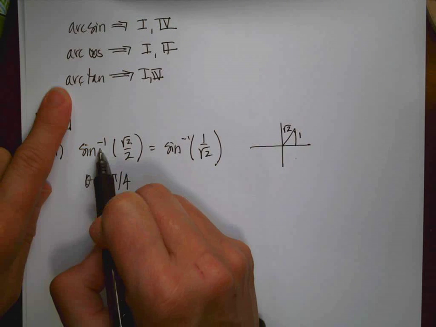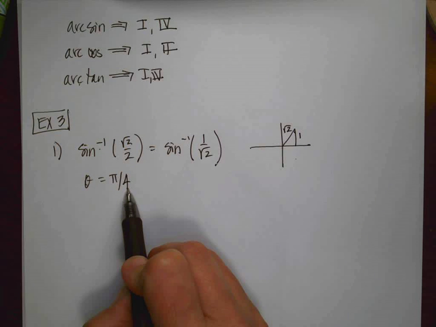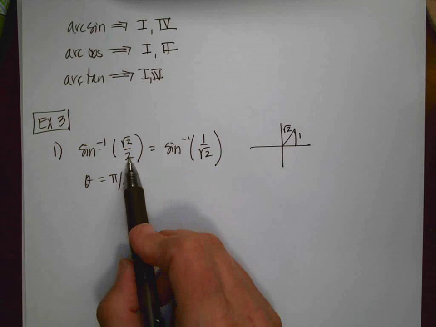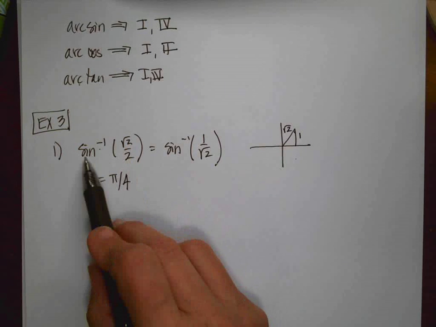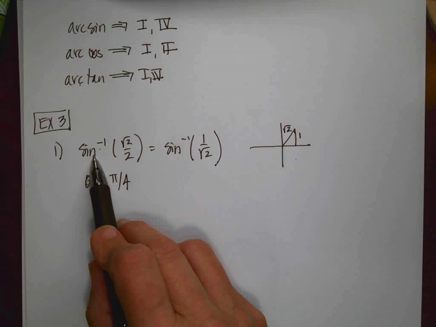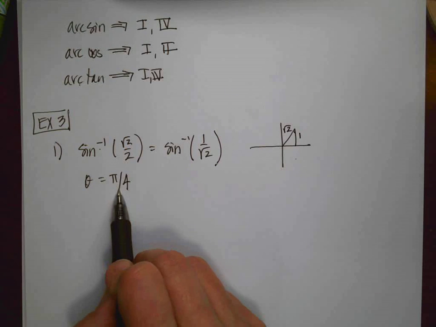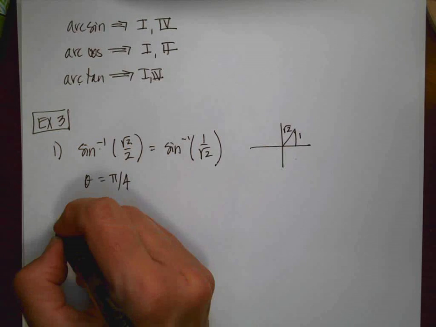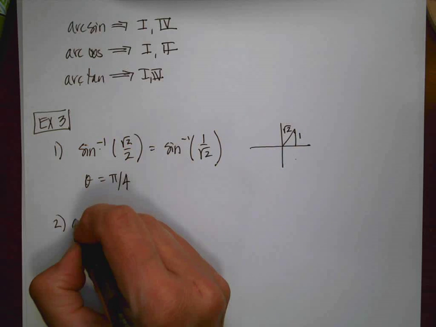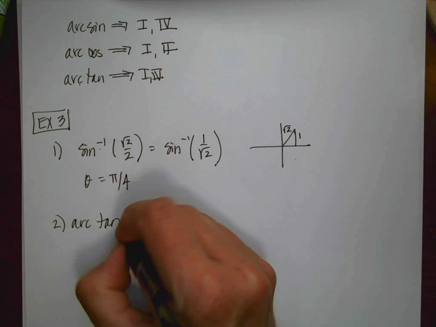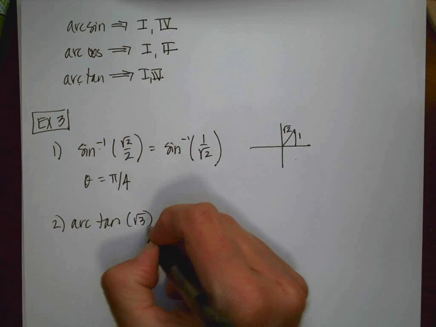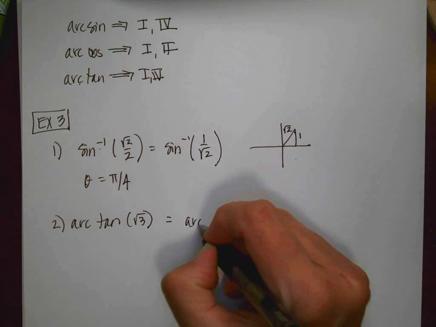The other thing that you have to remember is that the arc or the inverse are asking you for the measure of the angle. They're giving you the ratio, and then they're asking which sine, cosine, or tangent has this particular ratio. So you're always looking for the angle. Number 2, what if I ask for the arc tangent of radical 3?